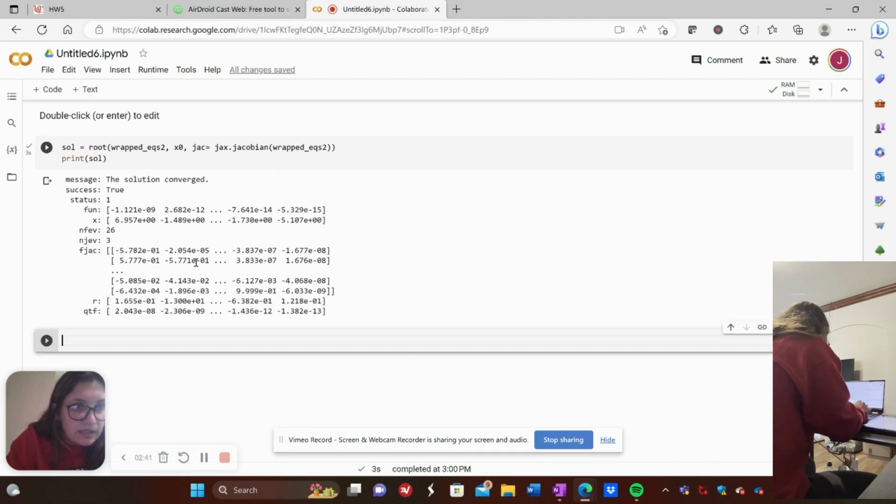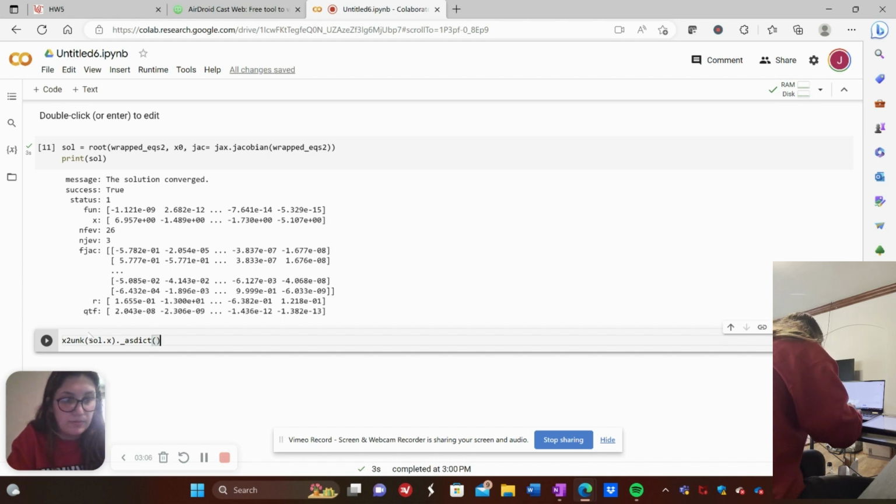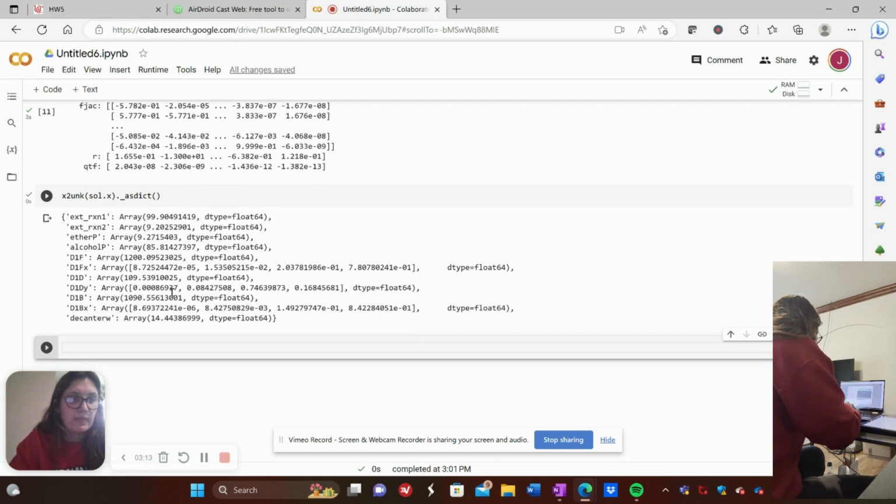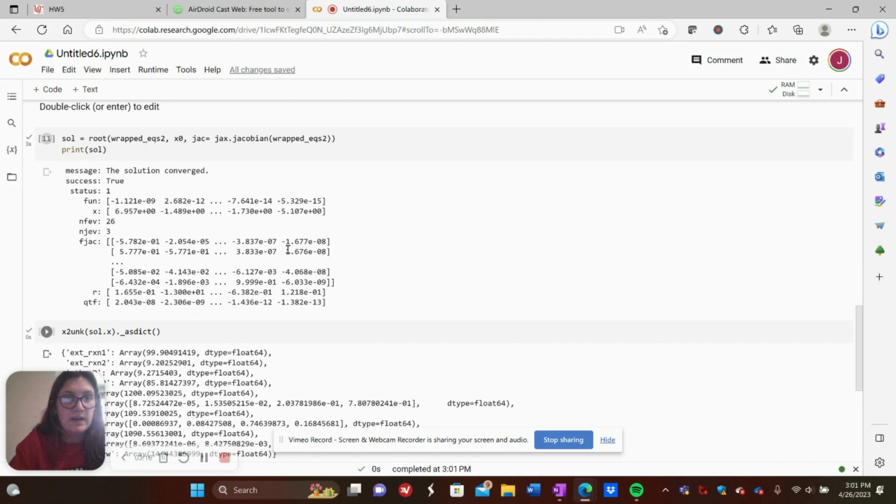Okay, and then we can go ahead and do this x2 unknown. I'm going to put sol.x there, and then dot underscore as. Now we should be able to see all of our unknowns here and what their values are.